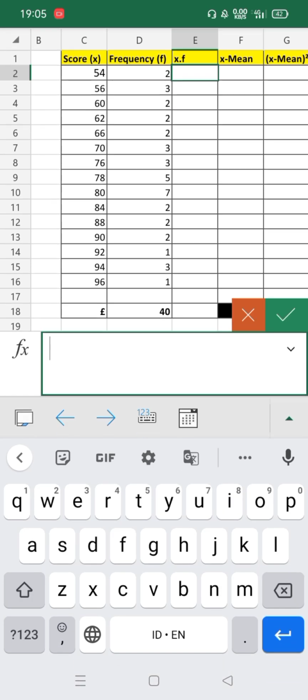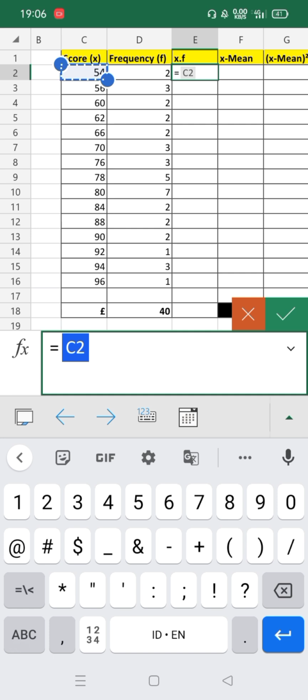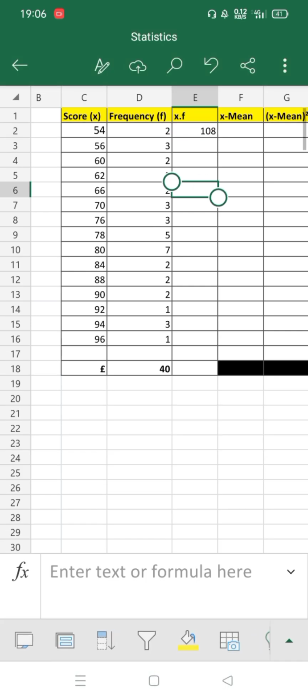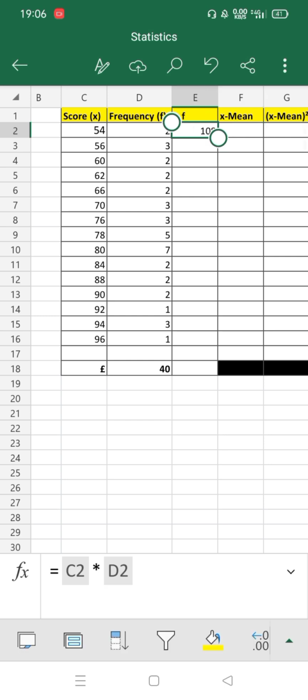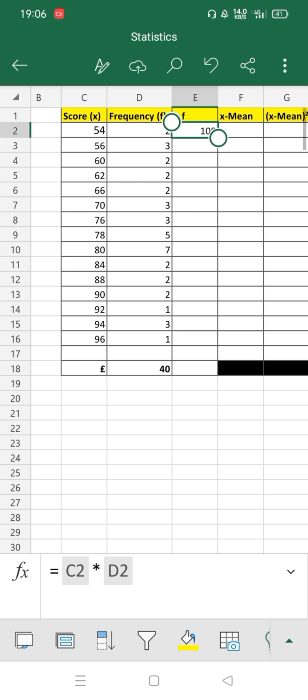Score we have 54, and for the formula, we just click this, and for times, you click the star, click the frequency, and you have the number. 54 times 2 is equal to 108.